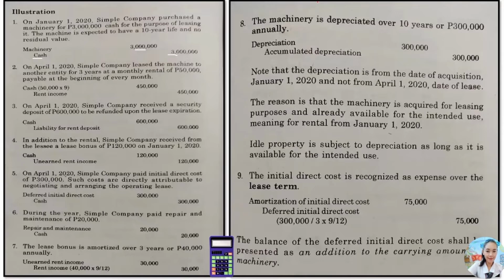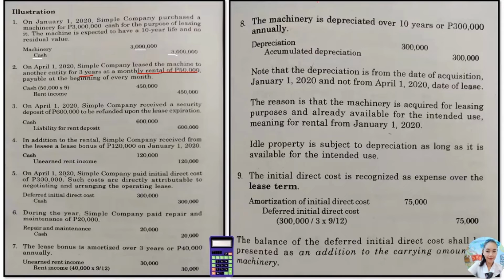Alright? Now, pag April 1, 2020, si Simple Company kay gi-lease niya ang machine nga iyang gipalit to another entity. Ang lease term is 3 years. Ang monthly rental is 50,000, payable siya at the beginning of every month.